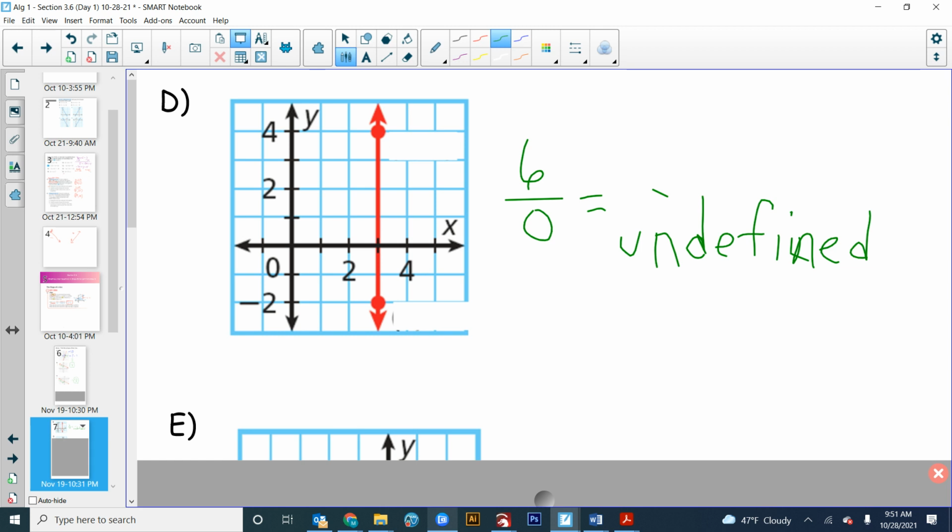Undefined. Don't leave it 6 over 0. That will be wrong on a quiz or test. The slope is undefined. Any vertical line has an undefined slope. Think, guys, Slope Man would have a bad day if he went down there. He'd have a bad day.